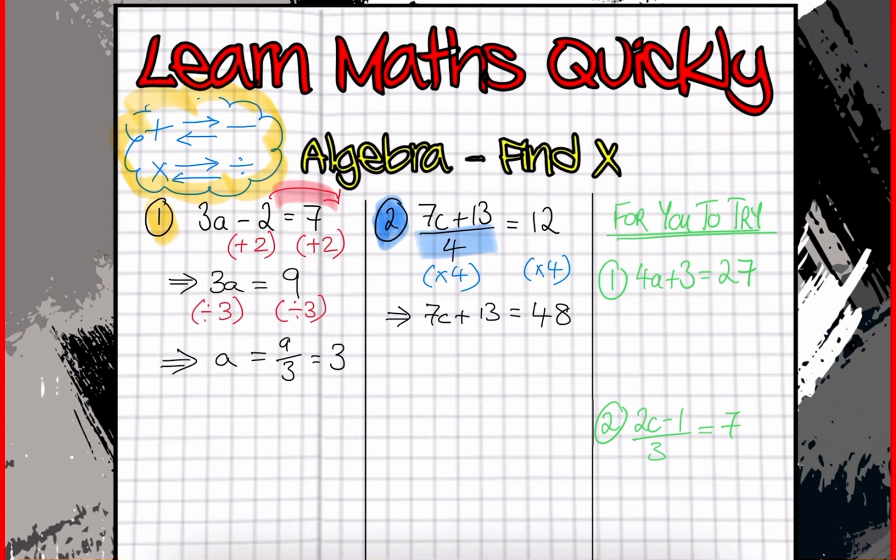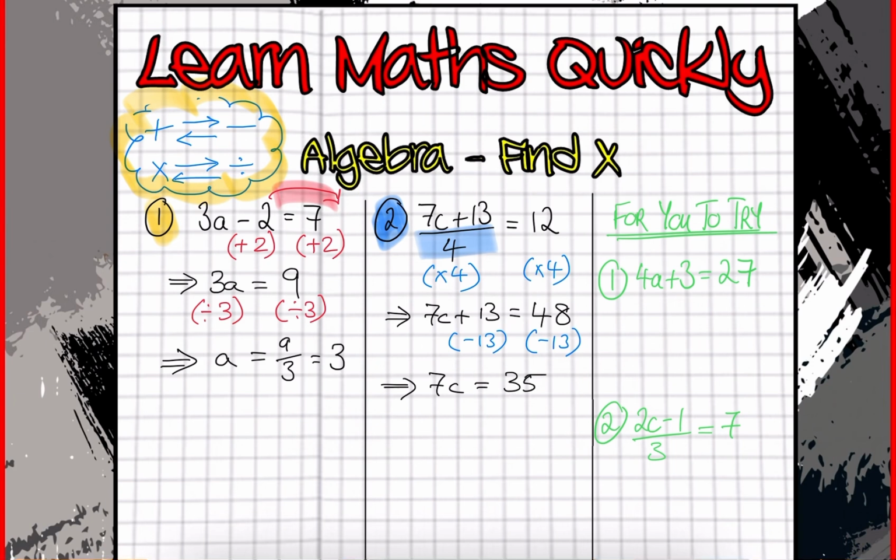Now, this next bit looks a lot more like our original equation in question 1. So now we need to think about what's the next thing to do to try and get the c by itself. So currently we've got plus 13, so we'll do the opposite. So we'll do minus 13 on both sides. So if you've got minus 13 on both sides, that leaves us with 7c equals 35.